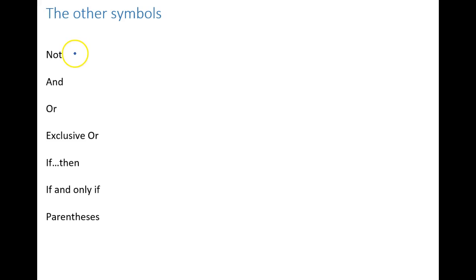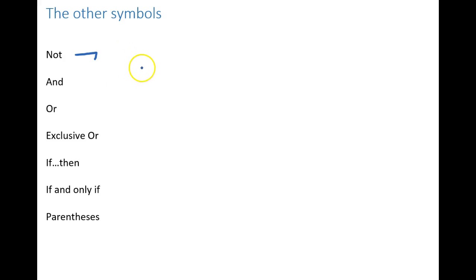The symbol for not in our textbook is this. It's like a bar with a little thing here at the end. For these symbols, you can probably get them from Microsoft Word or in some other way, but I would simply recommend using substitutes from your keyboard. So in the standard keyboard that you have in your computer, if you look at the top left-hand corner, you will see that you can generate this symbol.